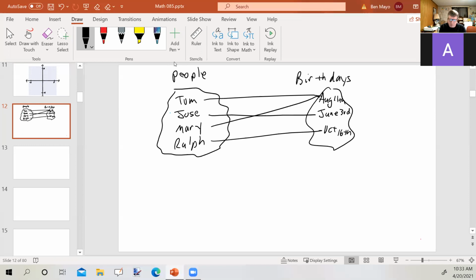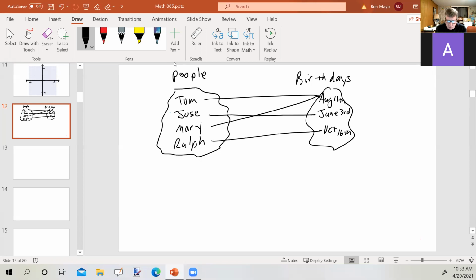Okay, so what we have here is a situation where each person has exactly one birthday. More than one person can have the same birthday, but one person can't have more than one birthday, discounting religious experiences, of course. This is the real world, right?